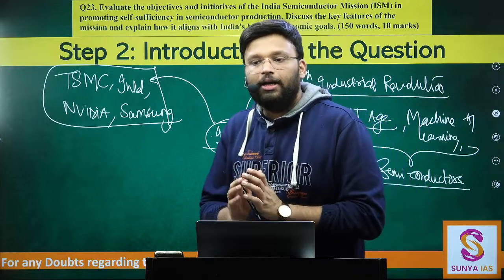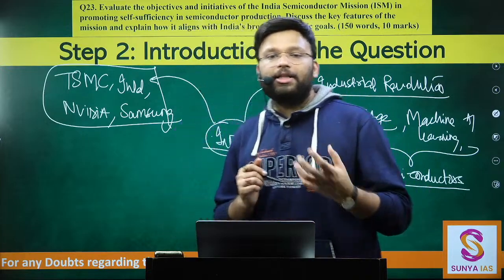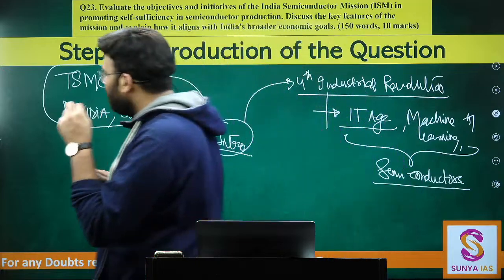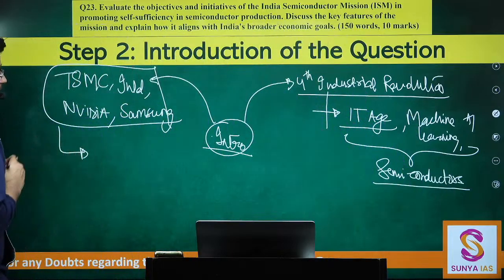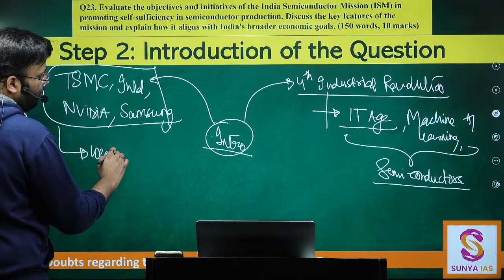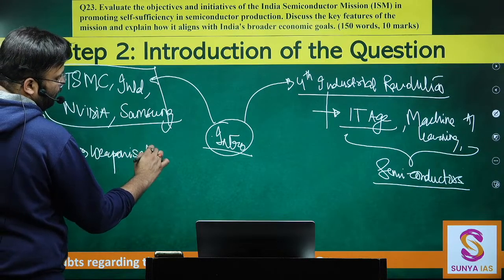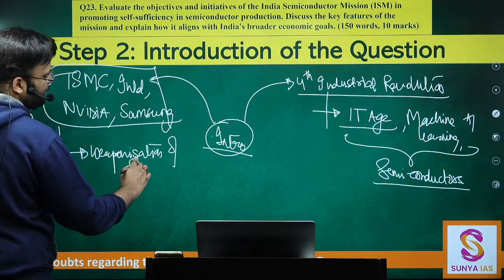So there is scope for disruption. What happened in the COVID-19 pandemic? We were facing a shortage of semiconductors. Why? Because there was weaponization of supply chains.